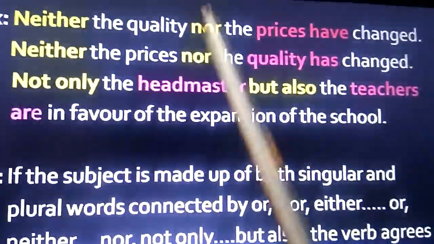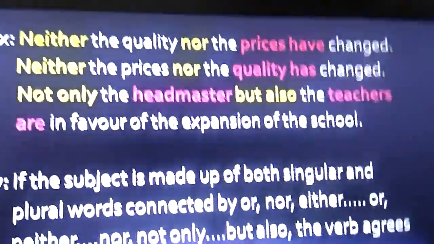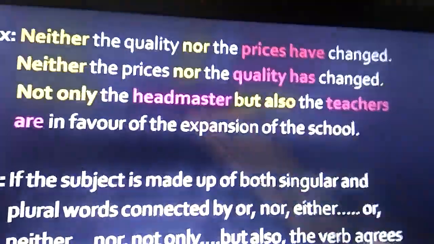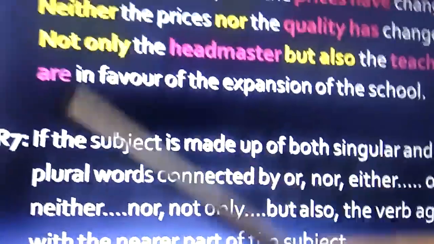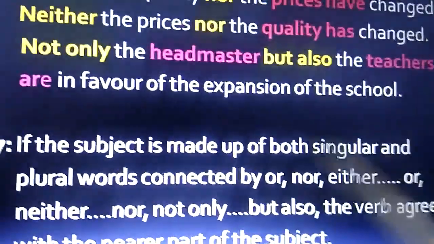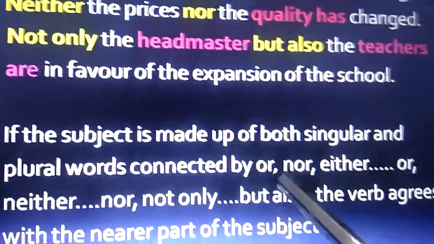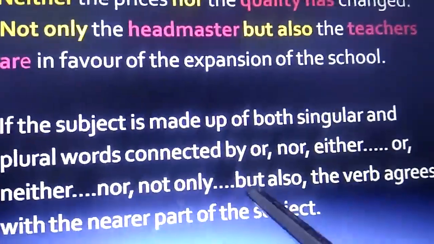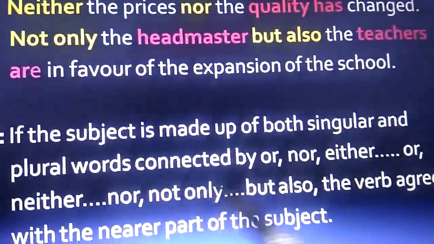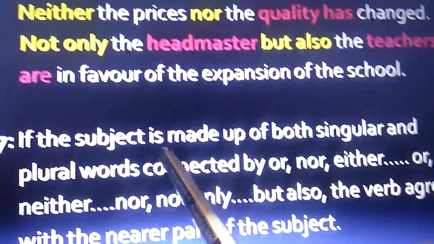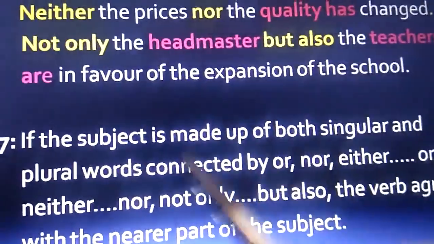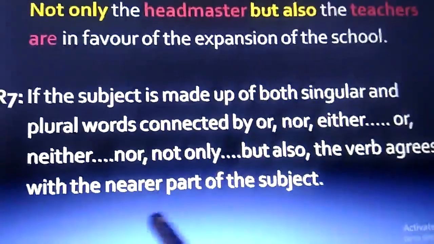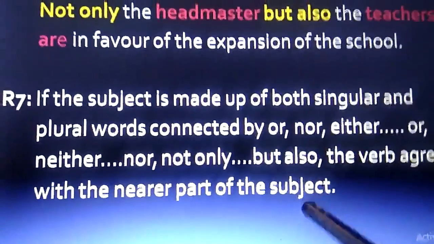So if such a sentence comes, how do we decide whether we have to use a plural verb or a singular verb? It's very easy. If the subject is made up of both singular and plural words connected by or, nor, either or, neither nor, not only but also, and if one subject is singular and the other is plural, connected by such connectives, then the verb should agree with the nearer part of the subject.